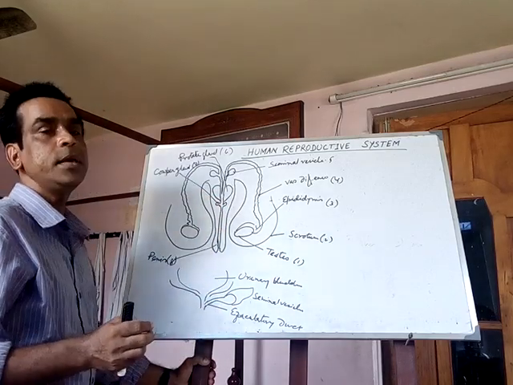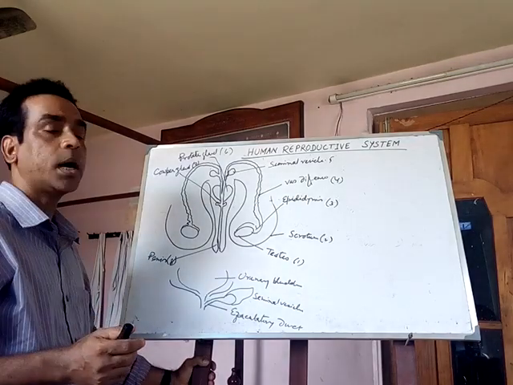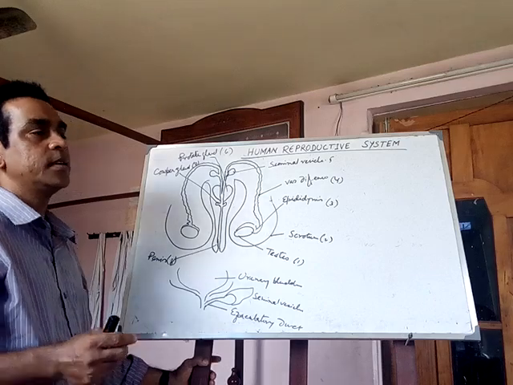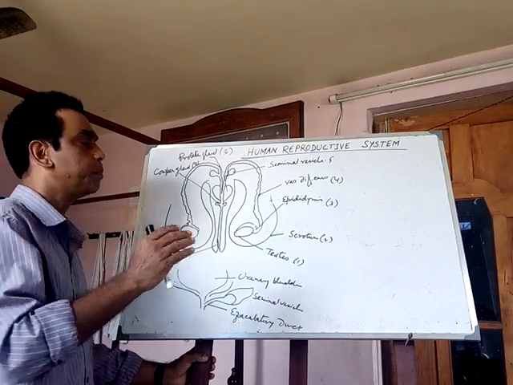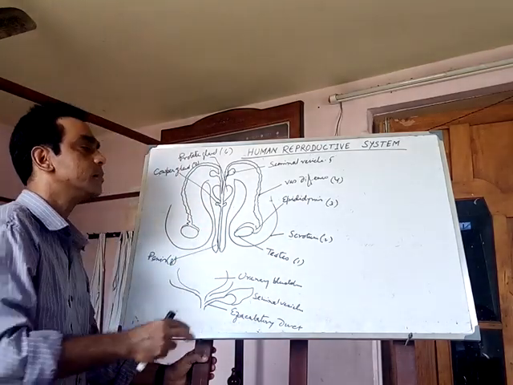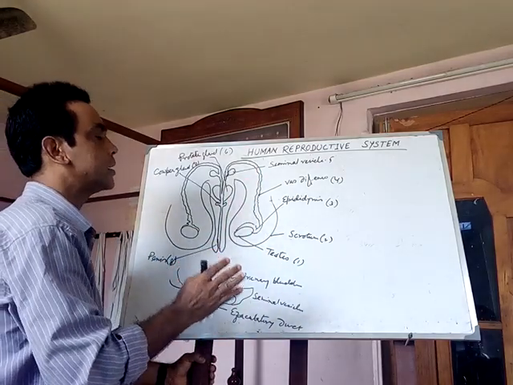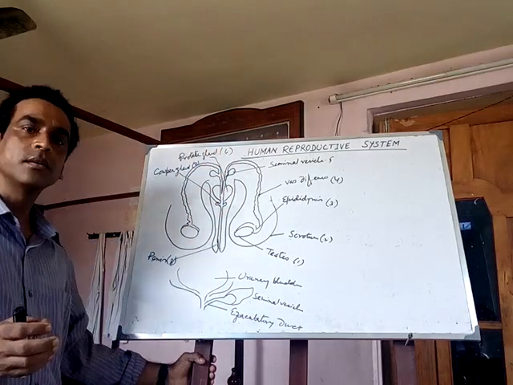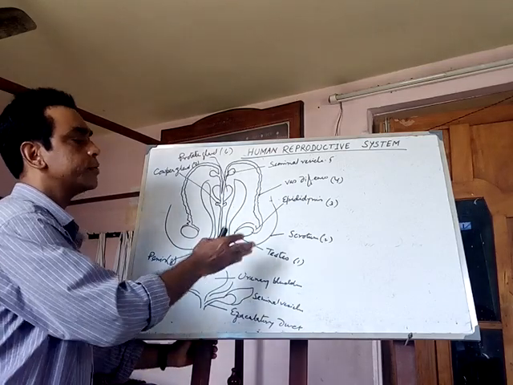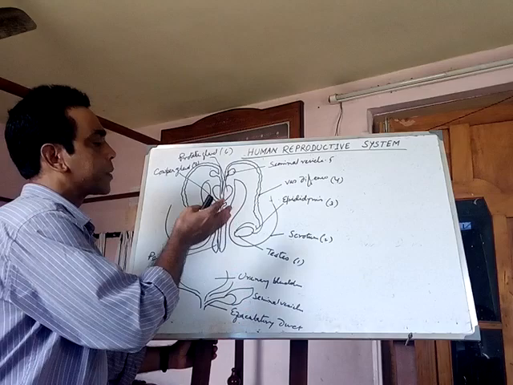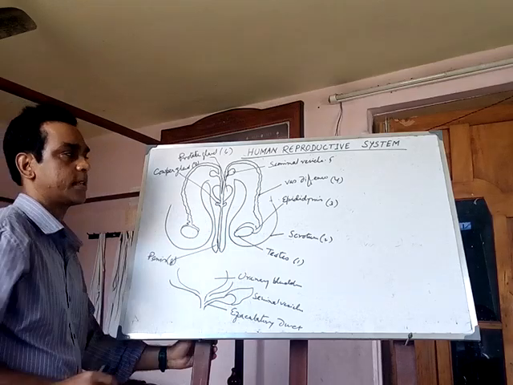When the baby embryo is in the mother's uterus, before 2 months to birth the scrotum does not hold the testis. The testis is found in the abdominal part of the embryo, and before 2 months of birth, the testis is found in the scrotum sac.